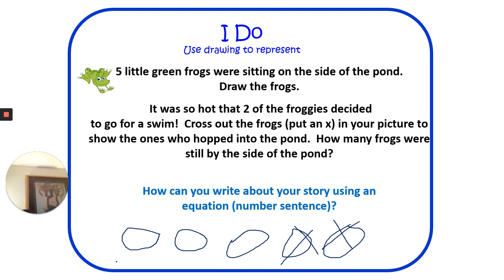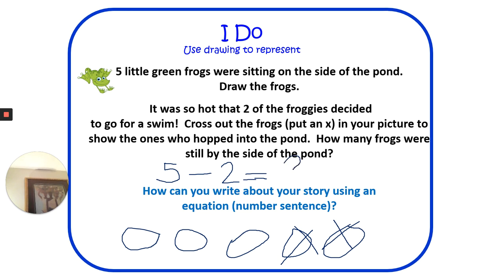Now I'm going to write an equation. An equation are the numbers that I just used in this story problem. So I'm going to write my equation right here. 5, that's the whole, how many I had in all, minus or take away 2, the ones that went for a swim, equals 1, 2, 3.